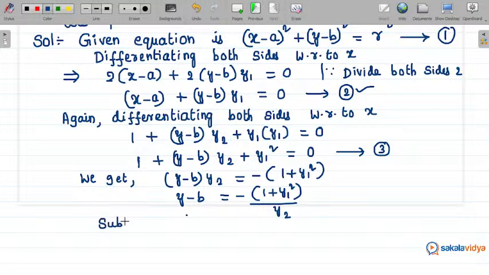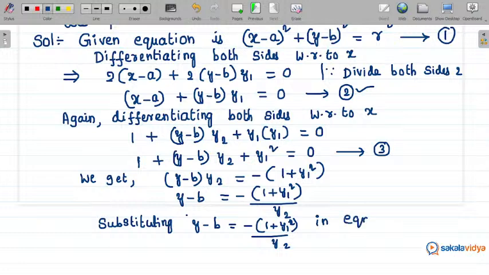Now substituting y minus b equals negative of 1 plus y1 square upon y2 in equation 2. In the place of y minus b, let us substitute this one. See what we get now here. It's very interesting.